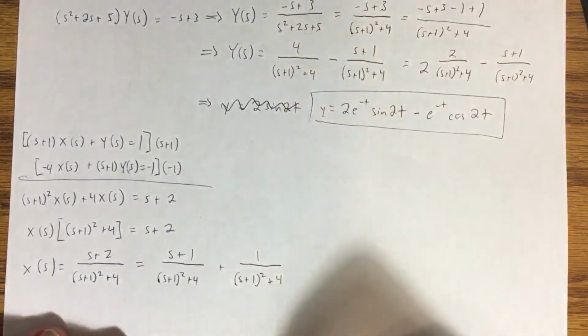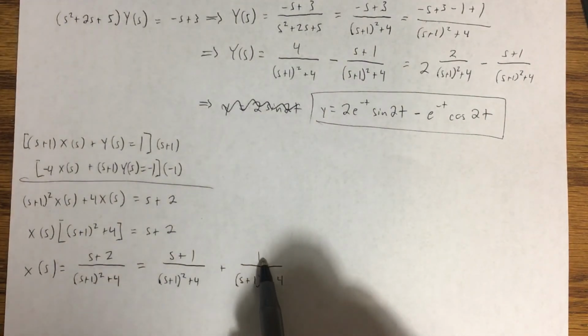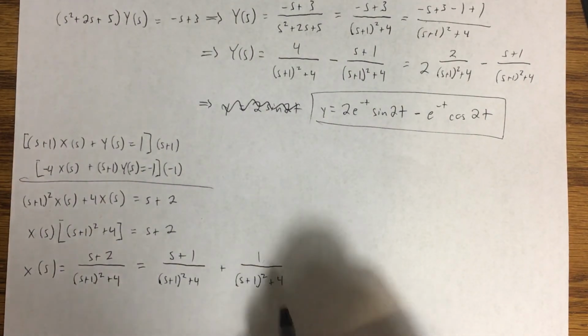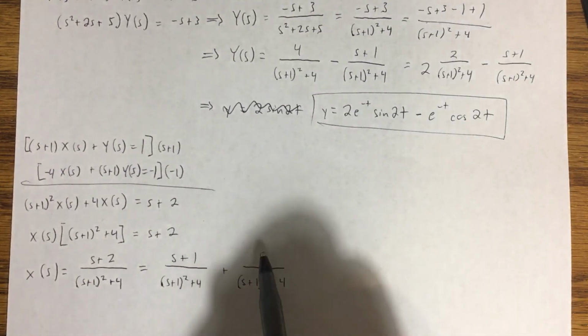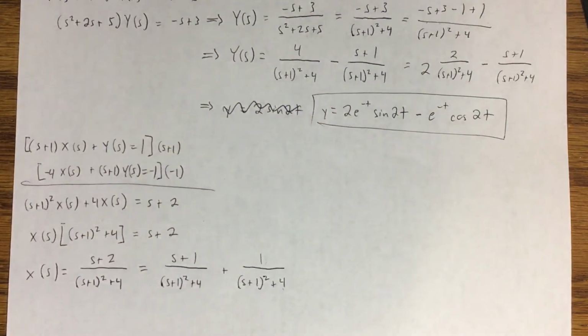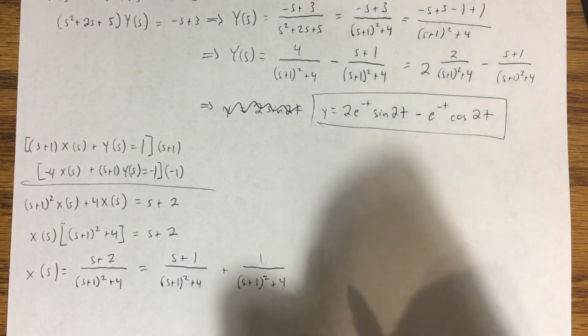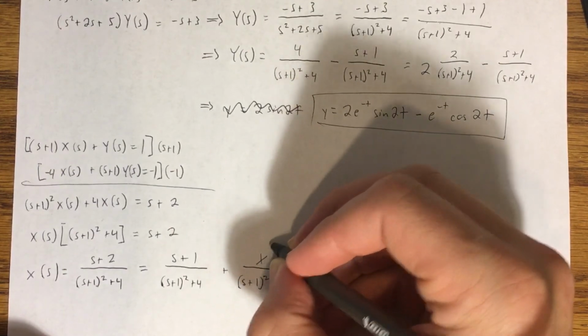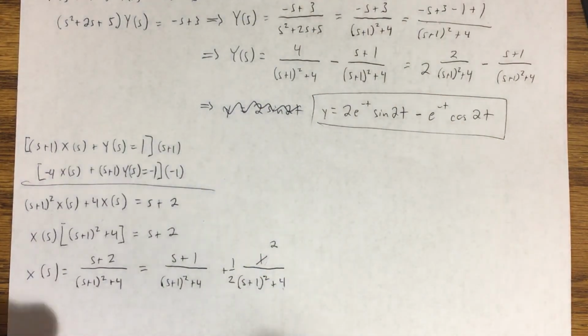Okay? Now notice we need this guy to be k, where this is k squared, because when I take my inverse transform, this is almost of the form of that sine function. But if that's the case, then I actually need a 2 to appear up here. So if I were to make that a 2, I would also need to be multiplying by 1/2 to help cancel that.